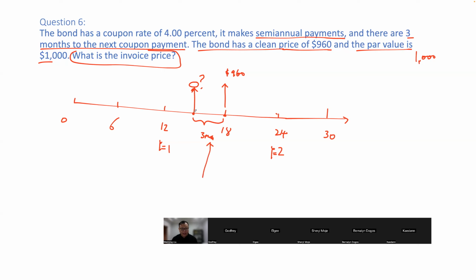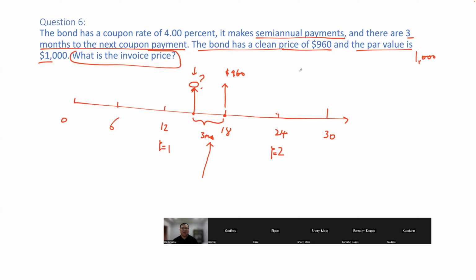At this time point, the seller is eligible to half of the next payment, which will be entitled to the buyer, right? So the price is $960 at that point, but they have to give the seller, that is 3 months, the credit of the 3 months payment.